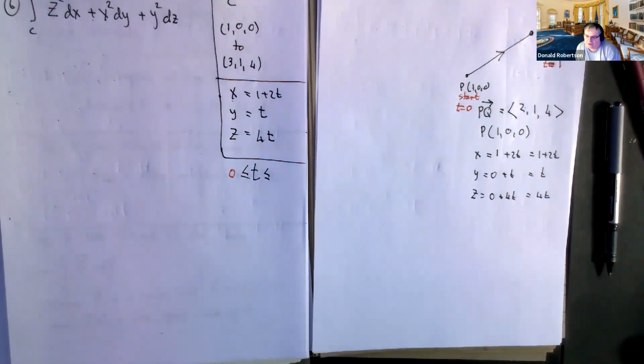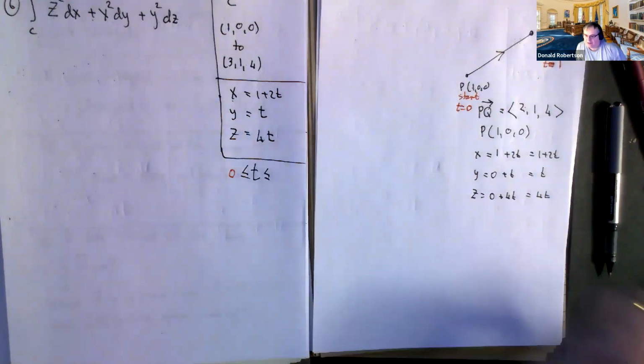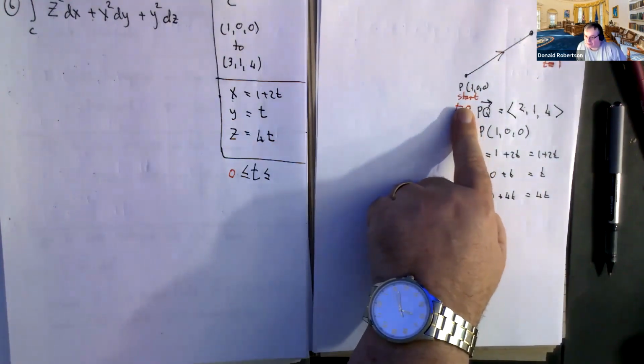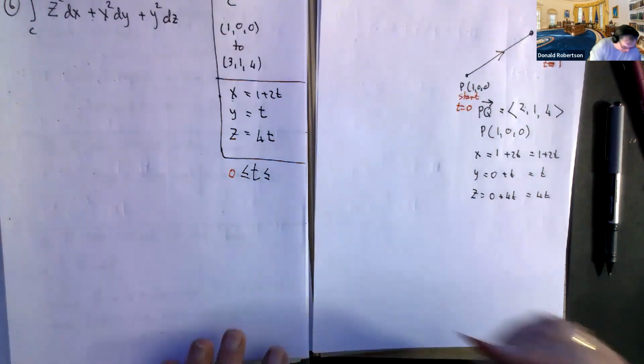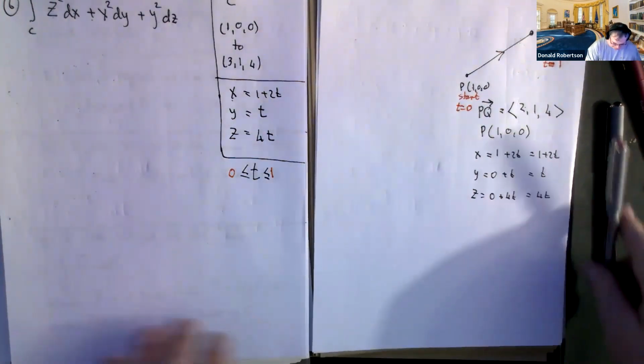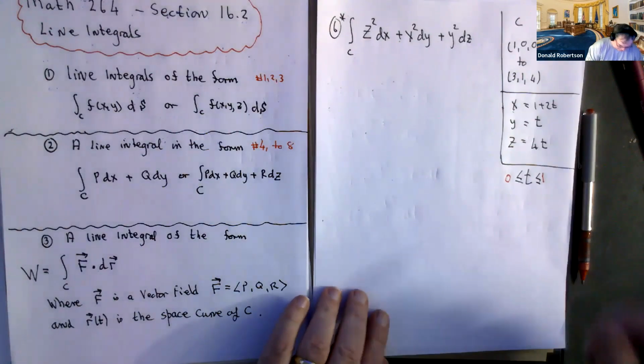If you ever get another question where it's taking one point to the other, as it is here, the start number is always going to be 0, and the finish number is always going to be 1. And it's kind of because of the way the equation was created that you're doing one movement from 0 to 1, right? One direction. So we got it. And now we have everything that we need.